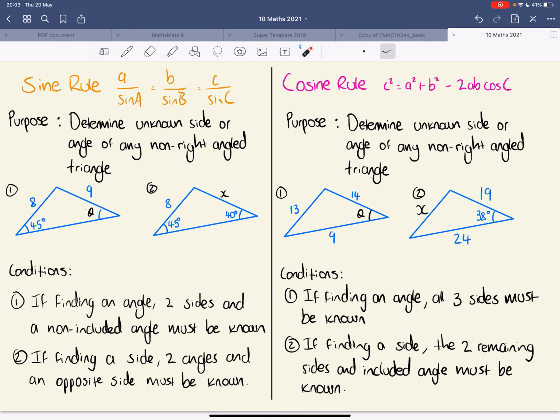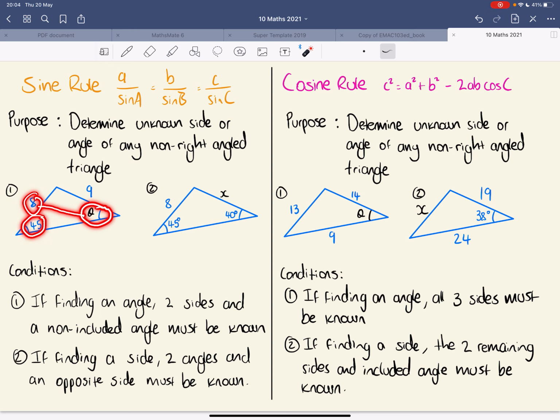Have a look at the sine rule, for example. I really liked the way that it was taught by Mr. Buckley, in that what you would do is find, using your intuition, the ratio of a side and an angle that you know. So we know that one. And now find the ratio of a side to an angle where you don't know one of them.